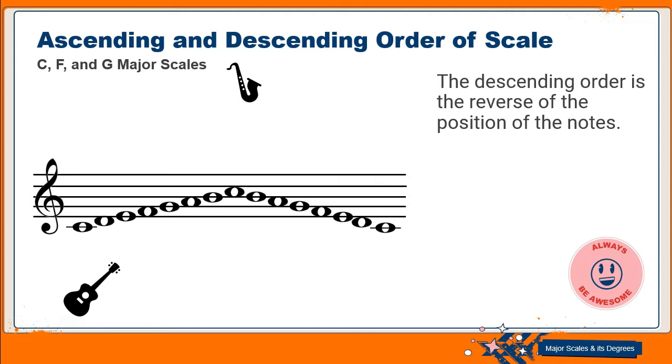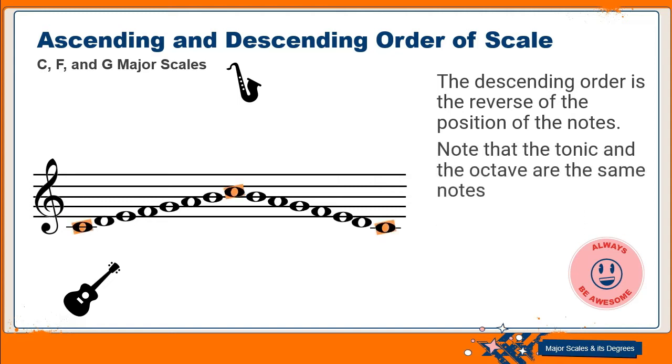Note that in the construction of the major scale, the semitone occurs between the third and the fourth note, and between the seventh and the eighth note of the scale.